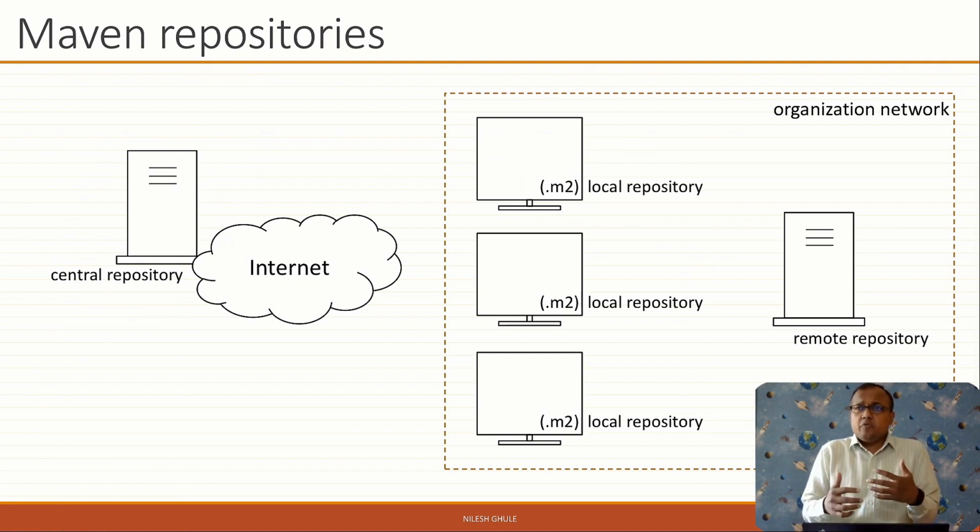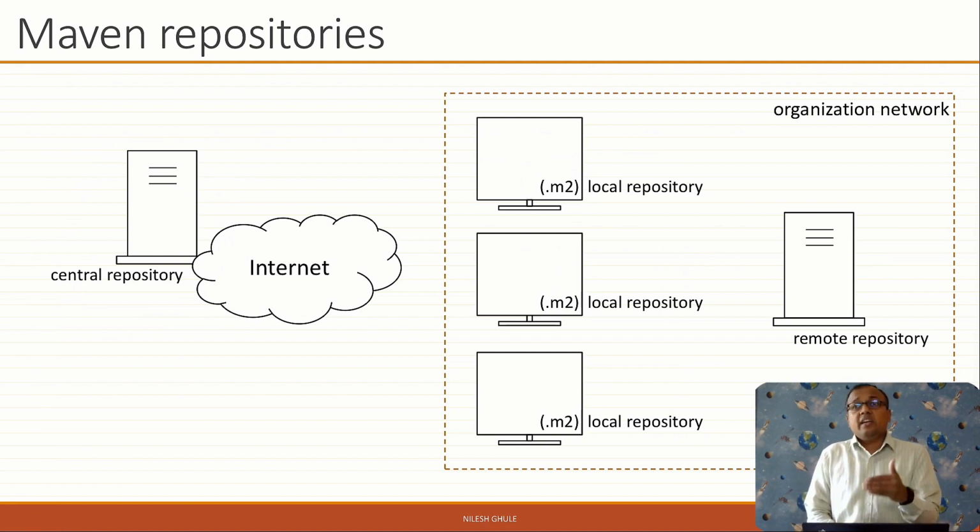However, if you are working on some enterprise application in some organization, they may not be interested in publishing their proprietary libraries on the internet. They want to keep them limited to their organization.